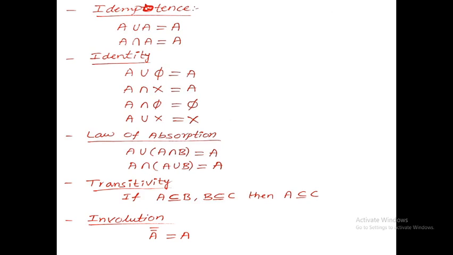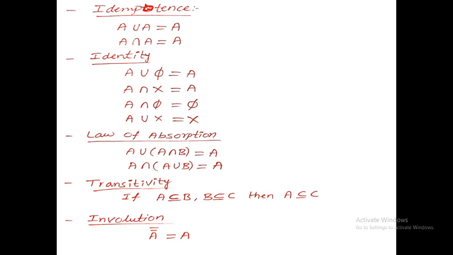What is A? 1, 2. What is C? 1 to 5, 6. Obviously A is a subset of 1 to 5, 6. {1, 2} is a subset of {1 to 5, 6}, which means A is a subset of C only. That's what the transitivity property indicates.